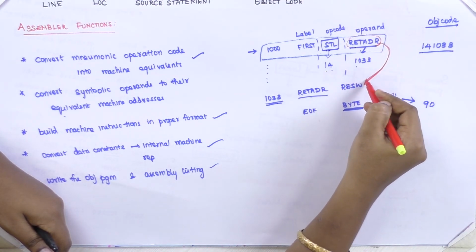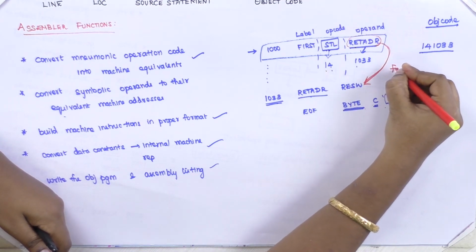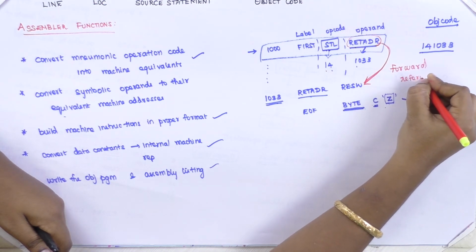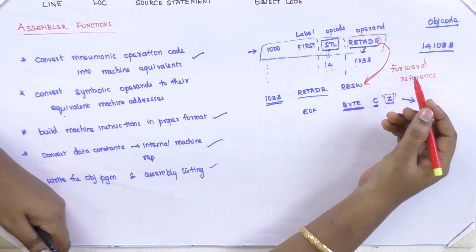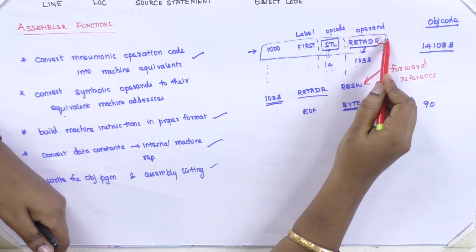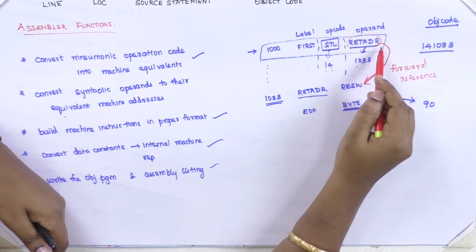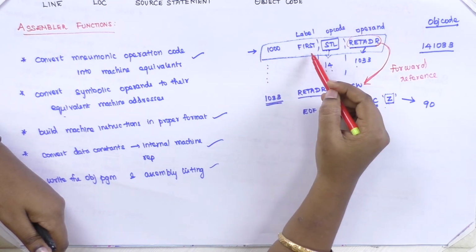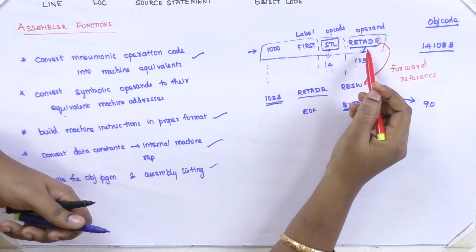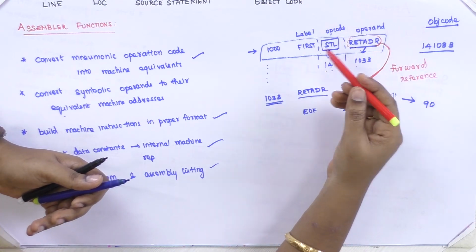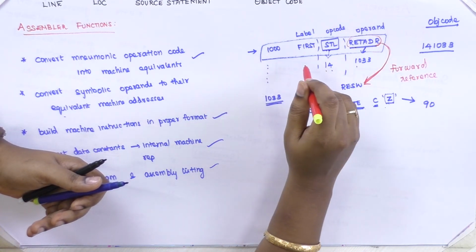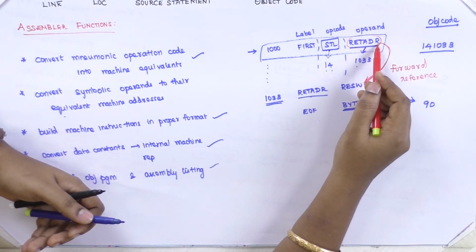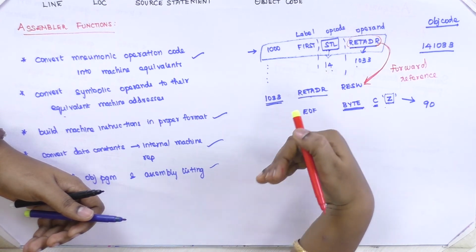This problem is called the forward reference problem. Can you understand what is meant by forward reference? The reference to a label or operand is made later in the program. While reading that line, we don't know where RETADR is present, because we have only read the first line, whereas the actual definition of RETADR is somewhere in the 100th line.